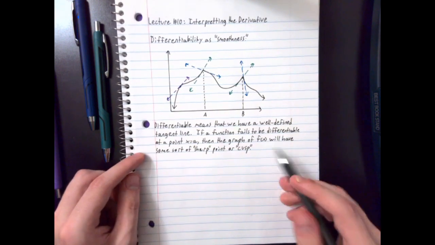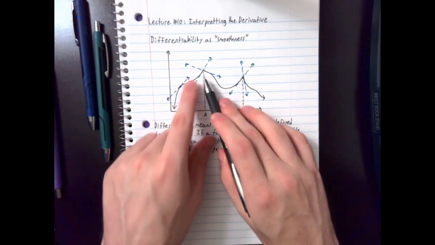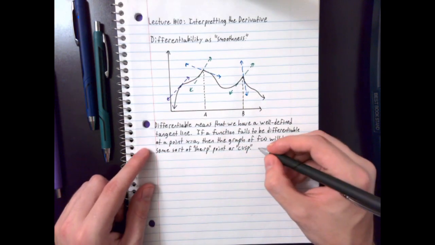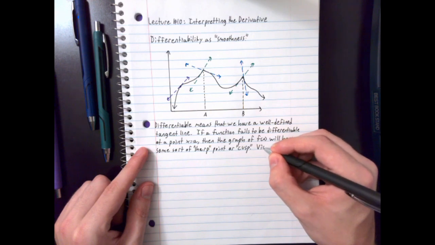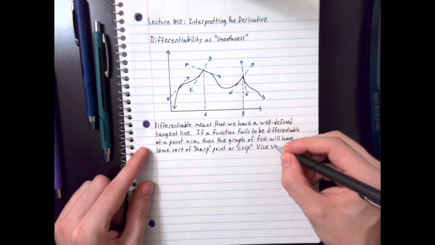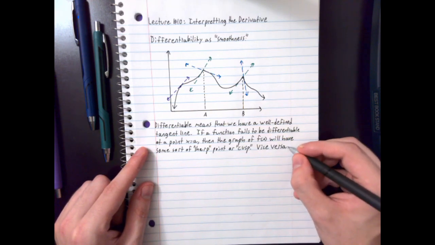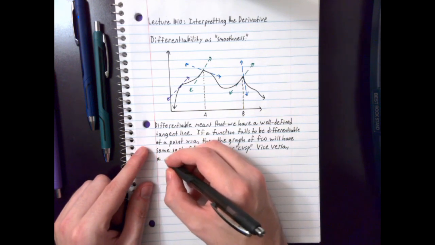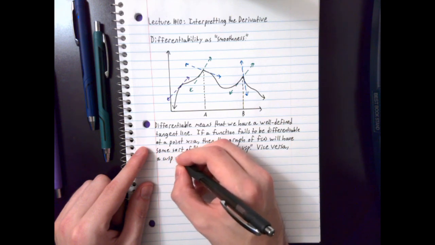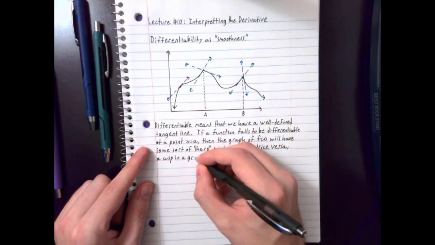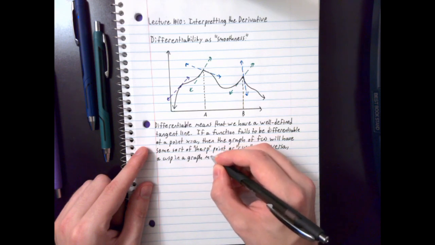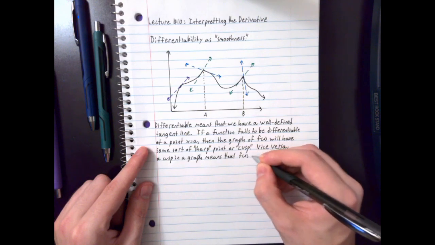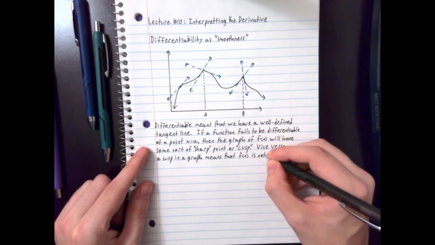And so, if a function fails to be differentiable, then its graph is going to have something like this occurring, and vice versa. I don't actually know how you spell that. Vice versa, a cusp in a graph means that f of x is not differentiable.